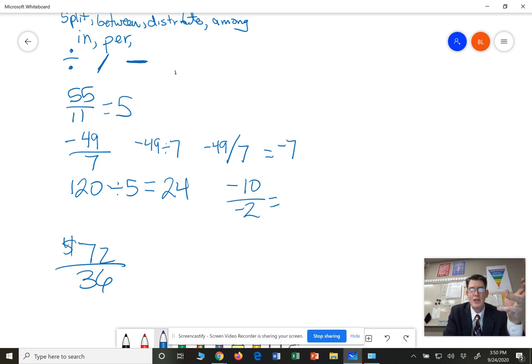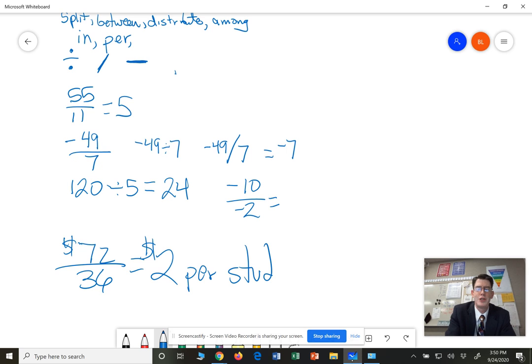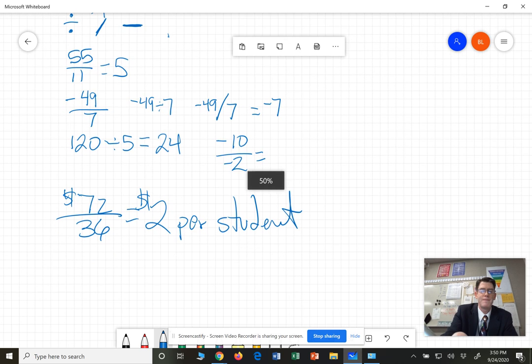So you have what you're dividing, and you're dividing it by whatever's underneath. That gives you $2 for every student, or $2. Another way it would be written is $2 per student. I'm just kind of throwing a whole lot of ways at you at how you might see this written. But a lot of this is really just a matter of typing in the calculator and finding the answer.